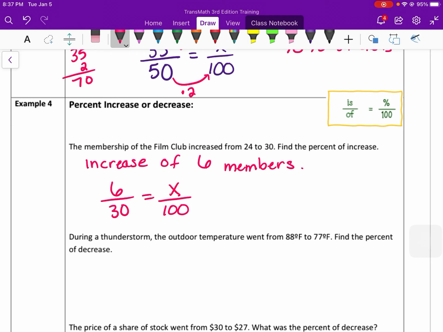That will tell me how much it increased by. I know we could divide here by 5. 30 divided by 5 equals 6. So 100 divided by 5 equals 20. It was a 20% increase.